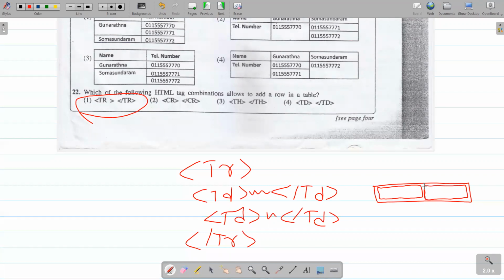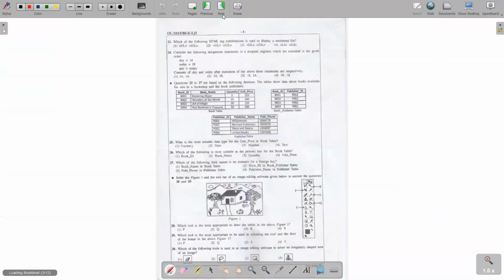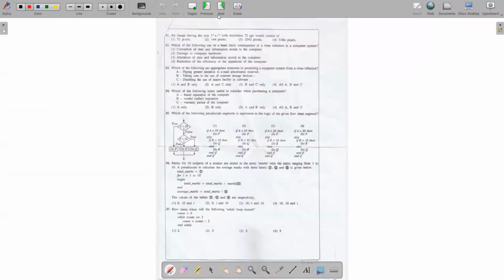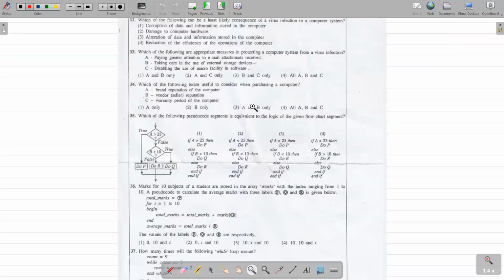And 36th, no, 31st, in the next page. So meanwhile, if you've got any other questions, just let me know, right?